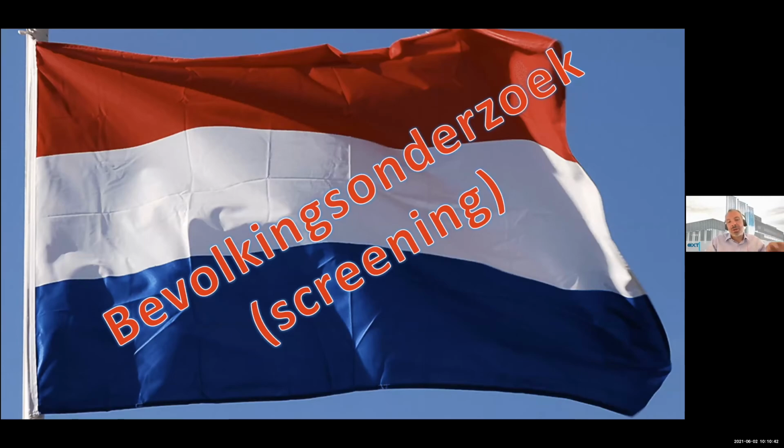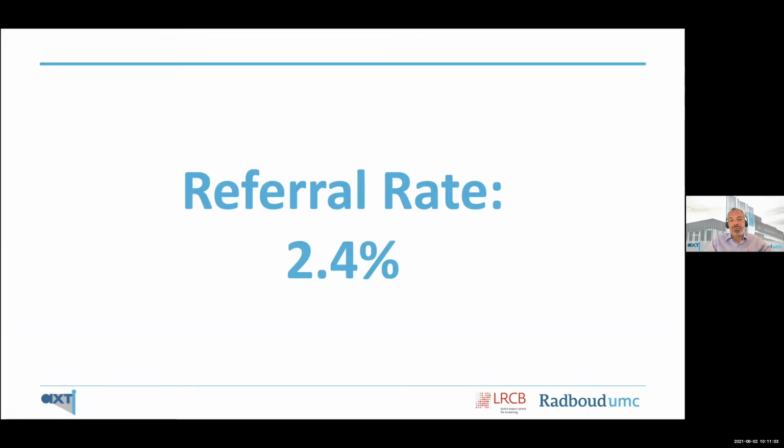So if we focus directly on the Netherlands, to give you some statistics of the performance of screening here, and these are not necessarily representative of all of Europe. We do pretty well, I should say, but it gives you an idea of how different the performance metrics are with the US. For example, the referral rate, or what we call in the US the recall rate, is just 2.4%.